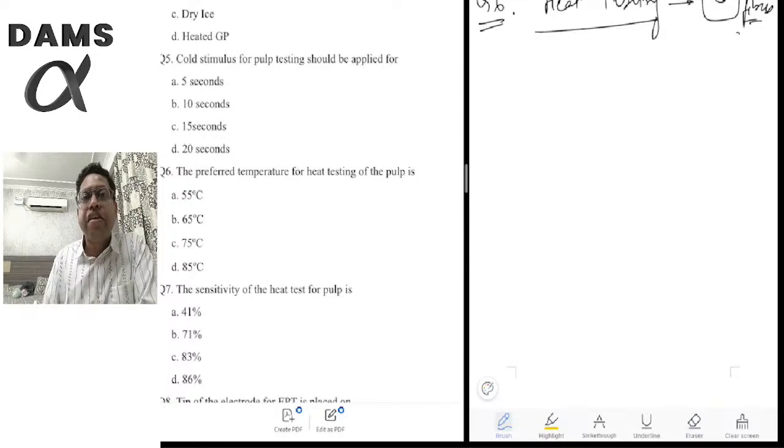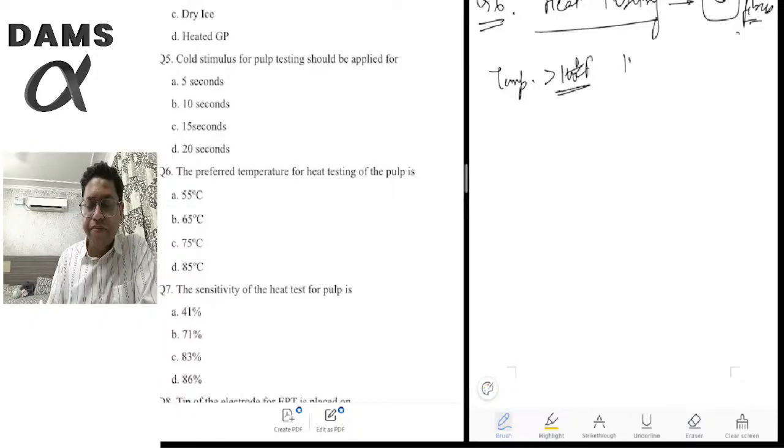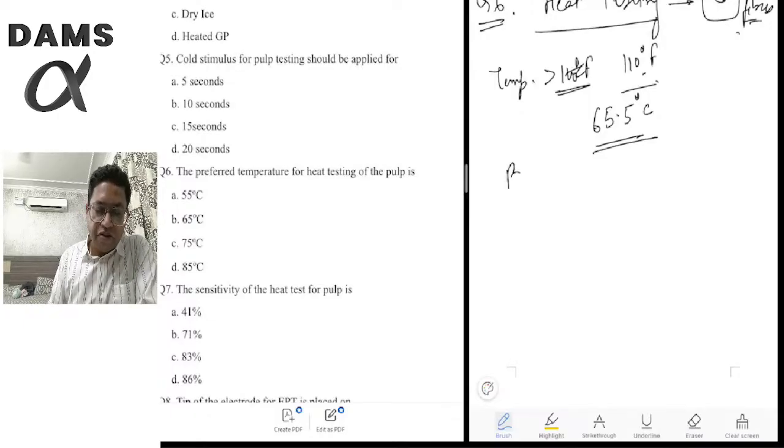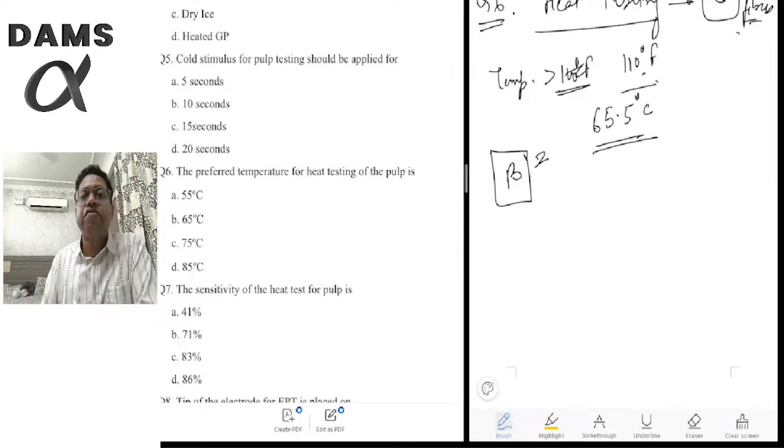And if you remember, these C fibers are polymodal nociceptors that are stimulated by temperature greater than 110 degrees Fahrenheit, which is nearly 65.5 degrees Celsius. Any temperature below this would not be sufficient to stimulate the C fibers. So 65 degrees, option B, is the best possible answer to question number 6. Heat testing of the pulp.